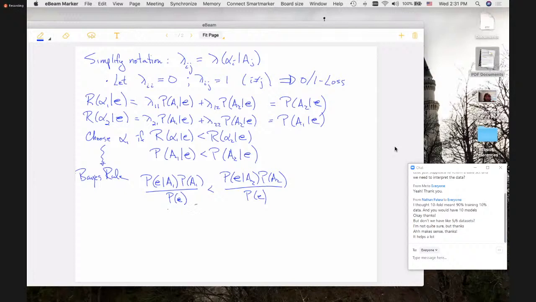All right, well, the first thing to notice when looking at this inequality is that we don't need the denominator, right? In fact, if you want, you just go ahead and multiply through, which will give you probability of E over probability of E on one of those sides, and that just becomes 1, and it drops out.